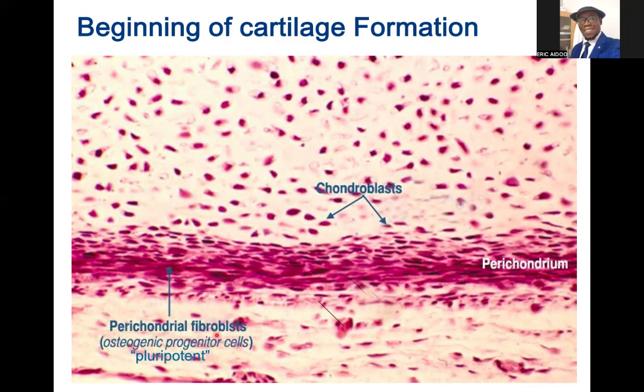So they are able to divide and form many cells which can later differentiate, so that you have the chondroblasts within the perichondrium here, and then they will become chondroblasts here after they move from this portion, because new ones are being added, so it will push the old ones towards the middle portion. So that is what we call the appositional growth. And then they come to the inner part here, and then they hypertrophy to become chondrocytes.